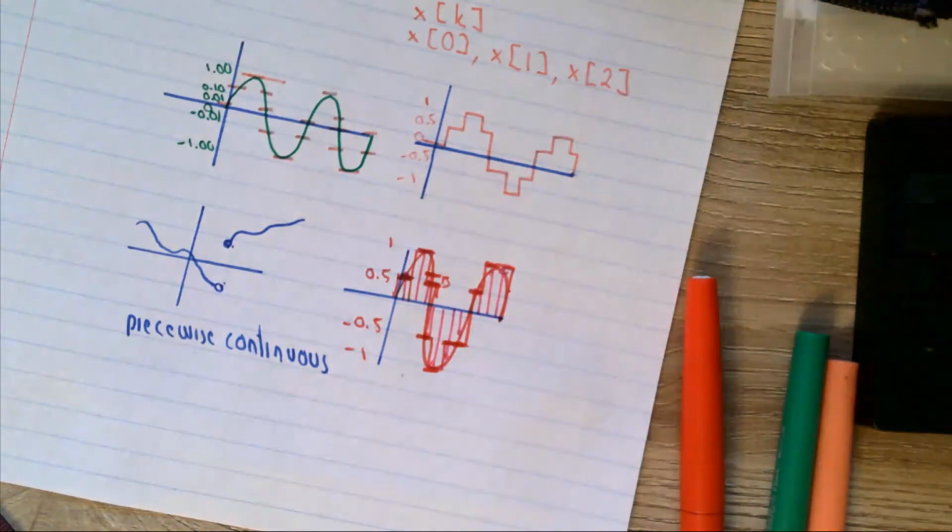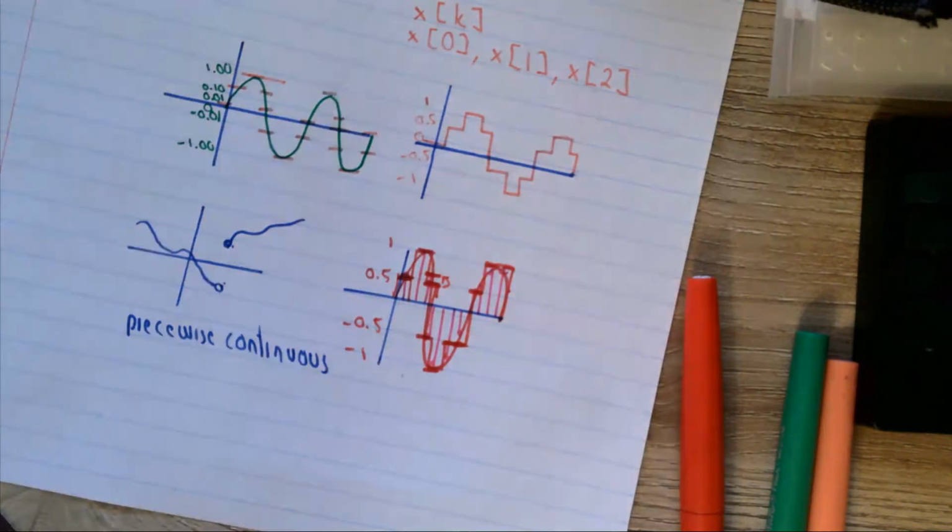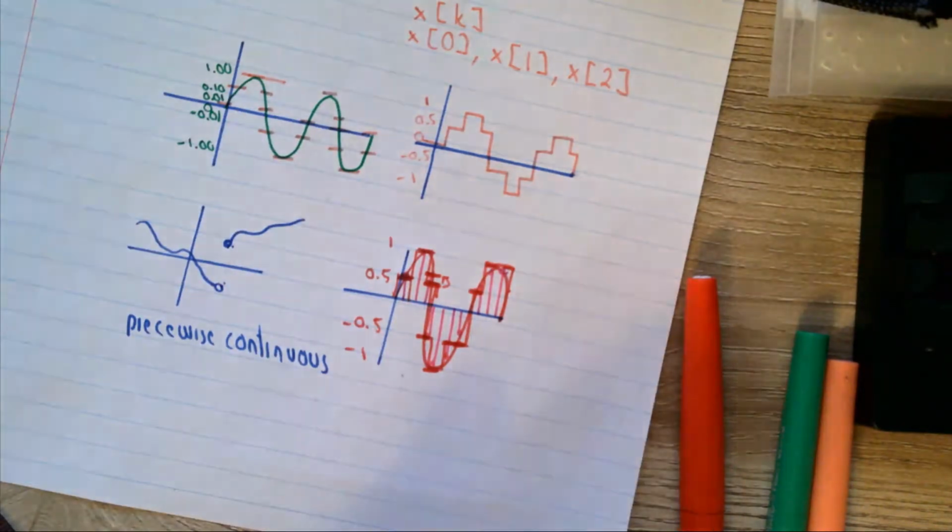Okay, now that we covered that, we're going to go over what is the difference between continuous, discrete, analog, or digital. So I'm just going to give you guys two examples here.